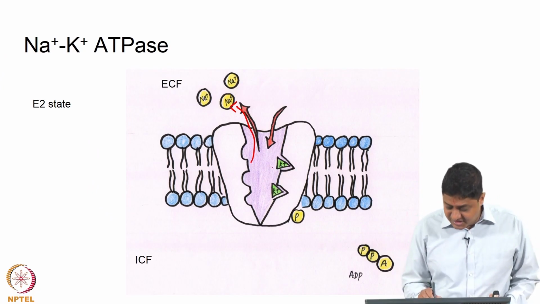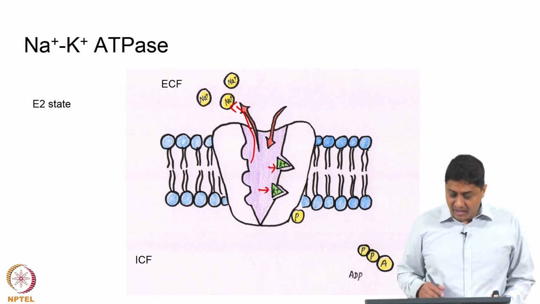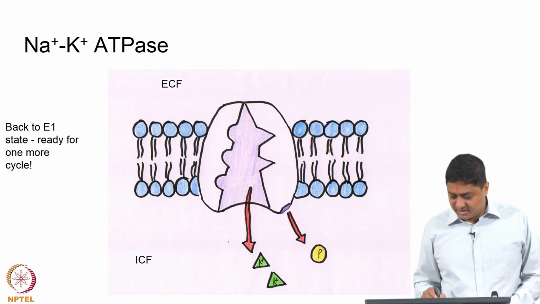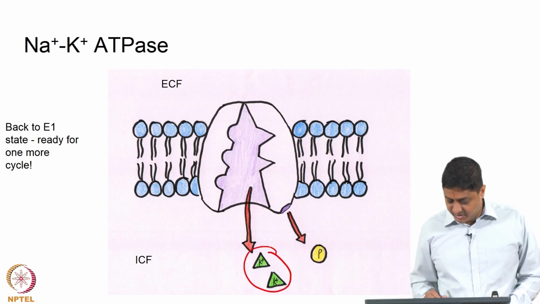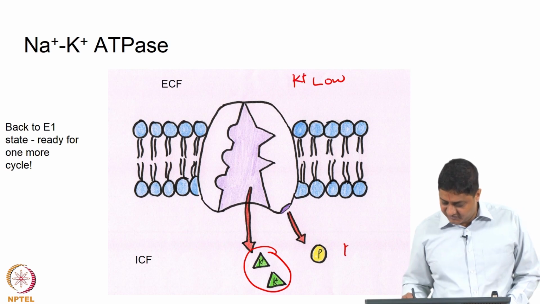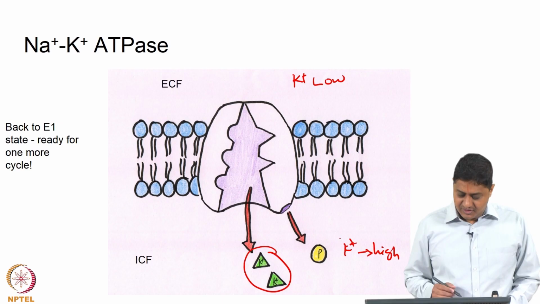So, potassium gets attached to these 2 binding sites, and the pump undergoes one more conformational change and opens up on the inside, releasing potassium here. That means transport has happened from a region of low potassium concentration to a region of relatively high potassium concentration.